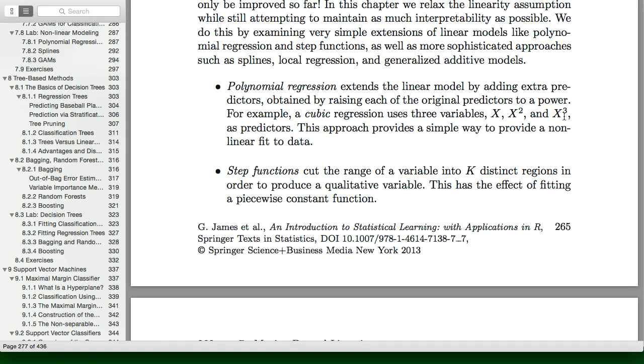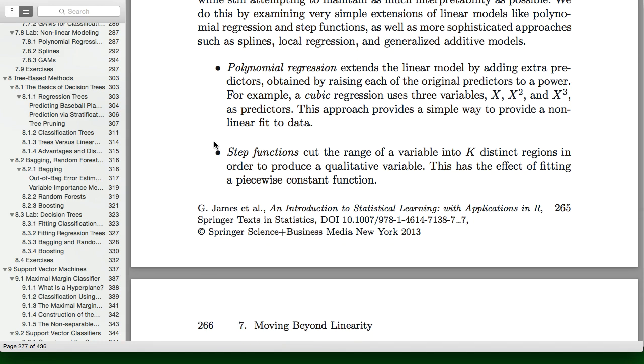Typically, it's only up to those four. That's usual practice, but it can be any powers of x. And this is a simple way to provide a nonlinear fit to data. We're going to look at more elaborate ways. We actually have very briefly looked at more elaborate ways, but we're going to delve into it a bit more.